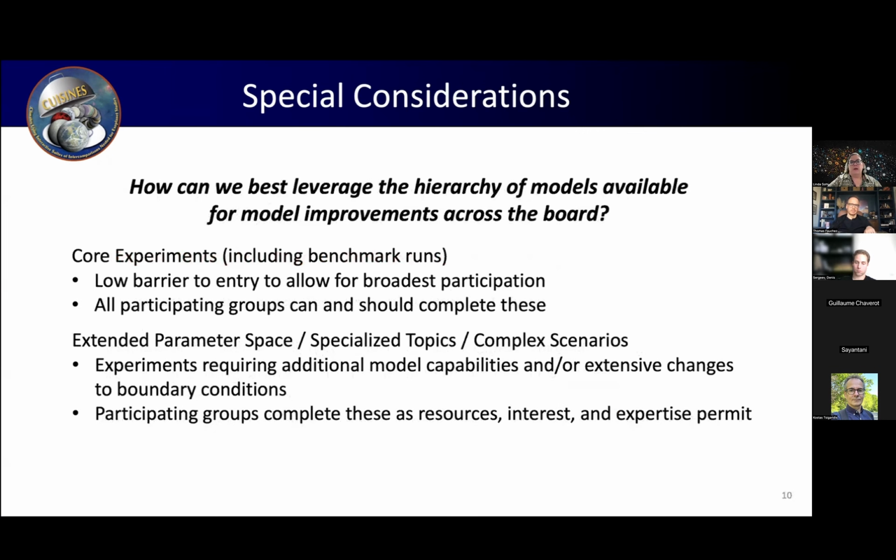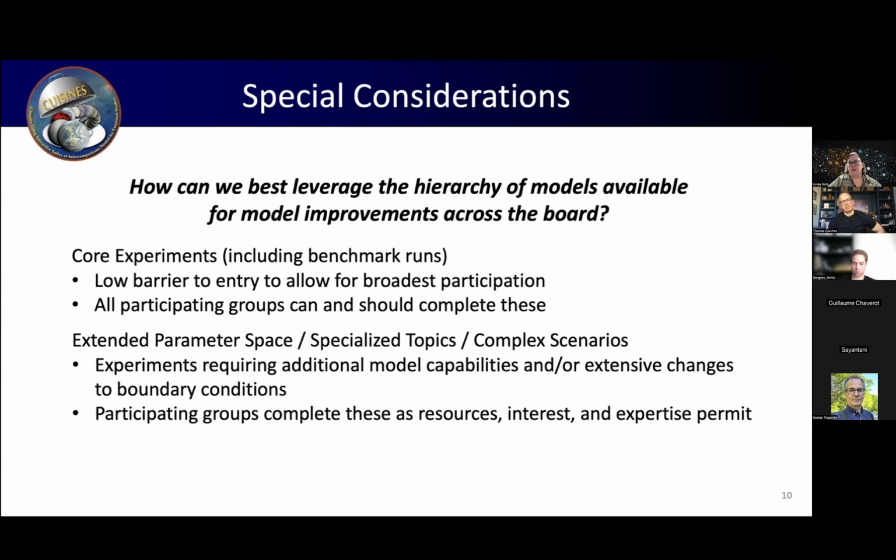And also, we in this CUISINES community have a hierarchy of models from radiative transfer to 1D radiative convective equilibrium models, to EBMs, to GCMs, and beyond, right? So how do we leverage this unique opportunity that we have to engage with a variety of different models across the board?